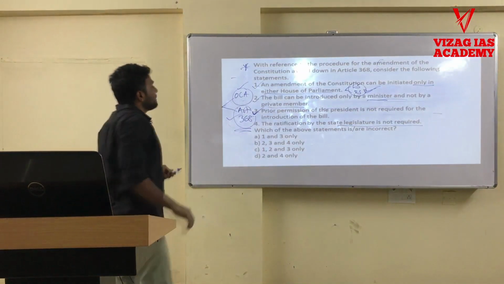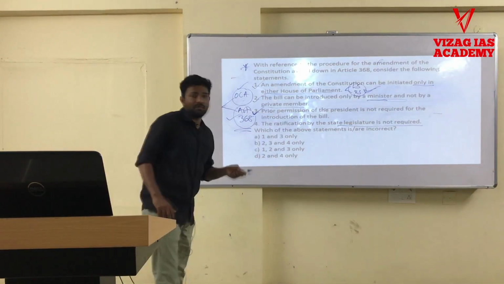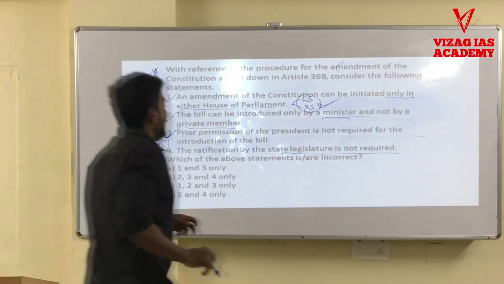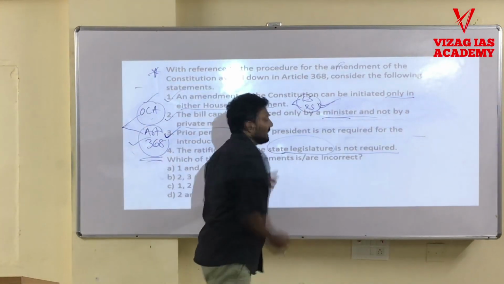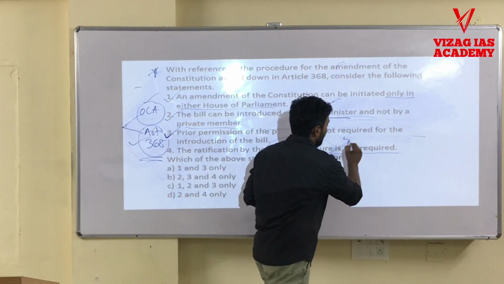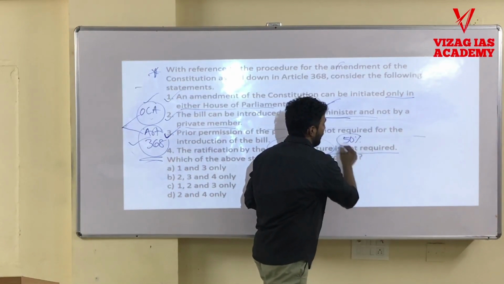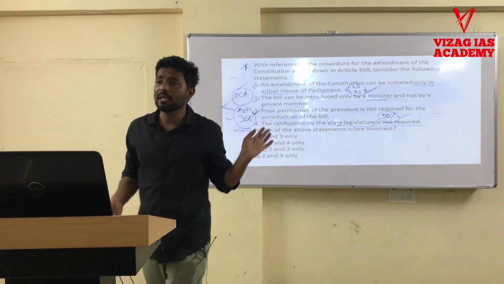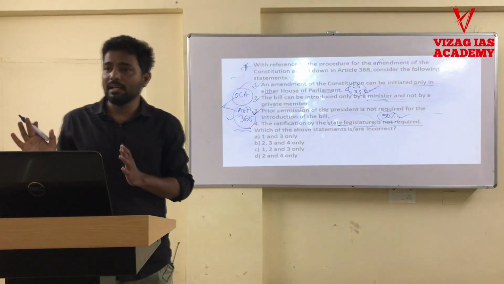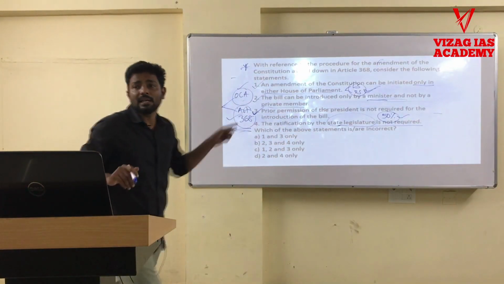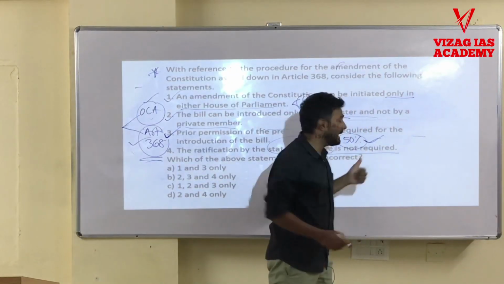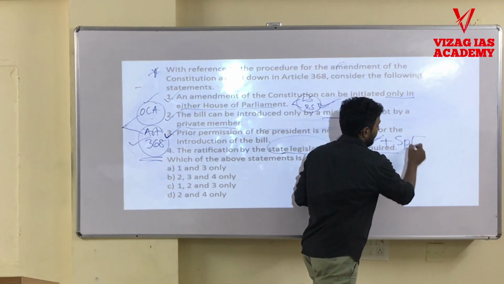The ratification by the state legislature is not required, which means, when does the state legislature come into the picture, when this condition of ratification by 50% of the states applies? If the matter is a federal matter, then ratification by 50% of the states is required along with a special majority.